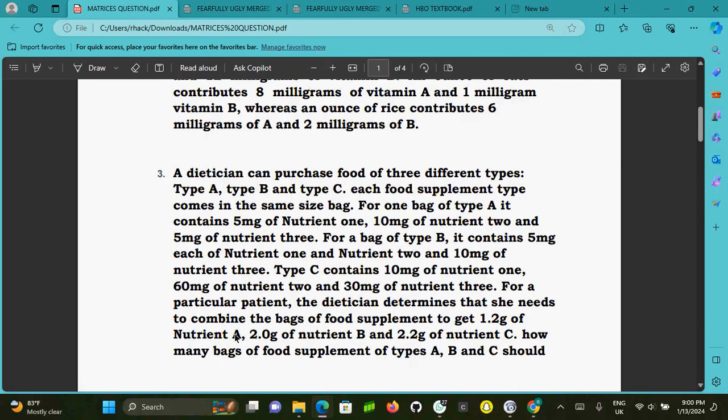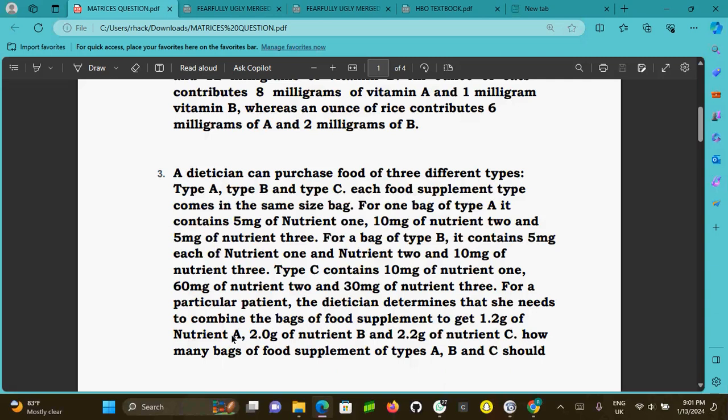So remember that for this question there was some technical issue. It is just a writing issue. So she needs to combine the bags of food supplement to get 1.2 grams of nutrient.